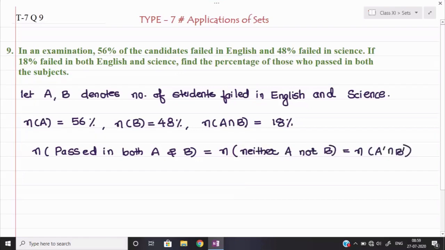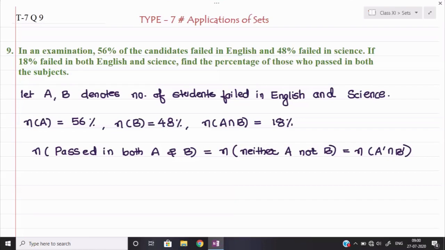Remember that is also written in the formula list. You can check in the list. Neither A nor B, both we are going to cover. Means they passed in both the subjects, A as well as B. Clear-cut pass. There is no confusion in the result. Yes, they have completely passed in both the subjects. That kind of students we need to find out here. So N of A dash intersection B dash, that is what we are finding.